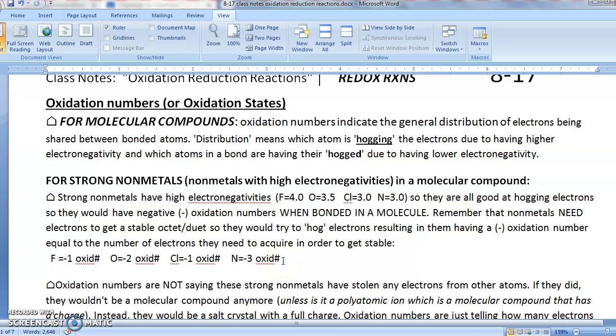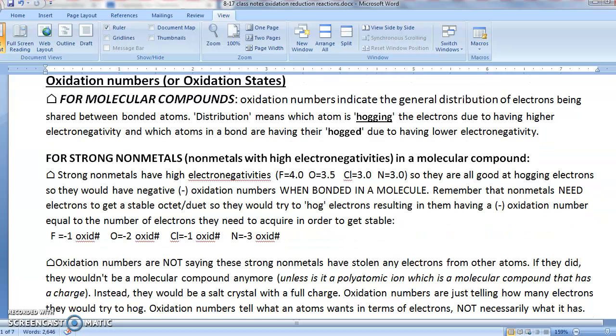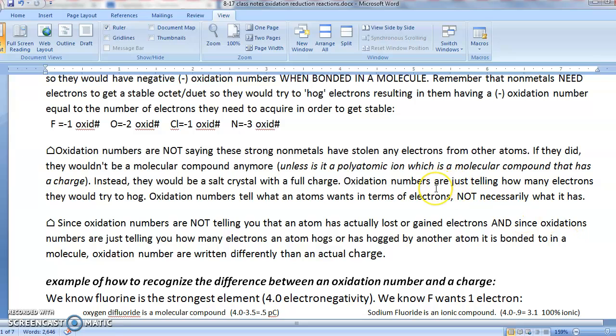So the negative oxidation numbers go to the more electronegative element, and the number they actually have corresponds to how many electrons they are trying to hog. Oxidation numbers are not saying that these strong nonmetals have stolen the electrons. They're just indicating how many electrons they would like to steal if they could, in order to satisfy the octet or duet rule.